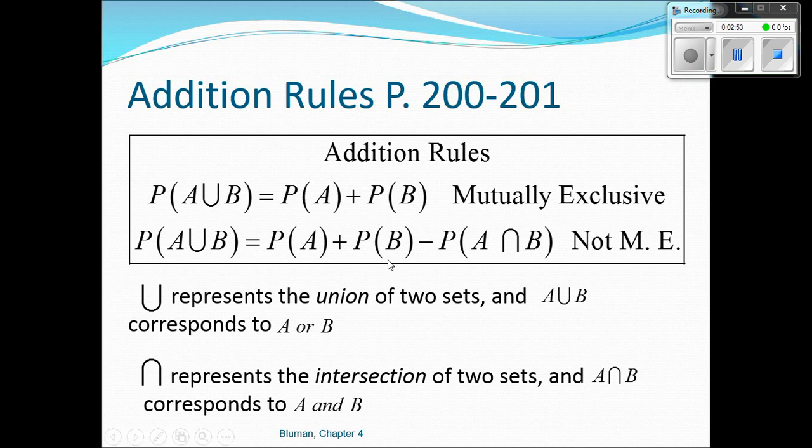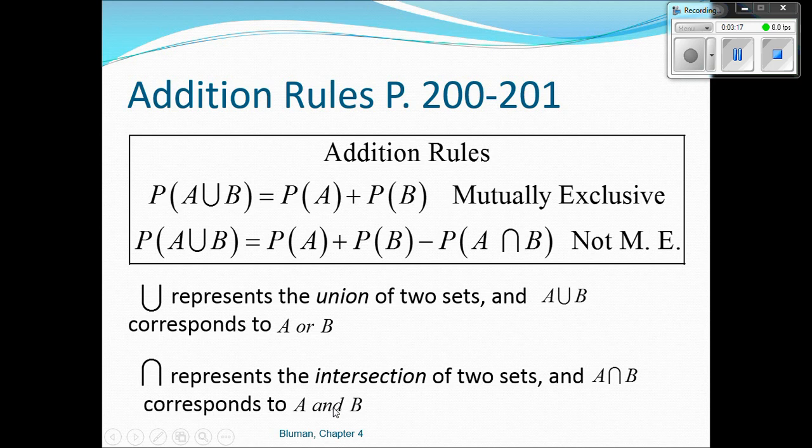So we have a little bit different formula for that. The formula for that is the probability of A plus the probability of B, so that'd be the probability of being a female plus the probability of being a junior minus the probability of being a female and a junior. So that's what this upside down U stands for, the intersection, which is and.